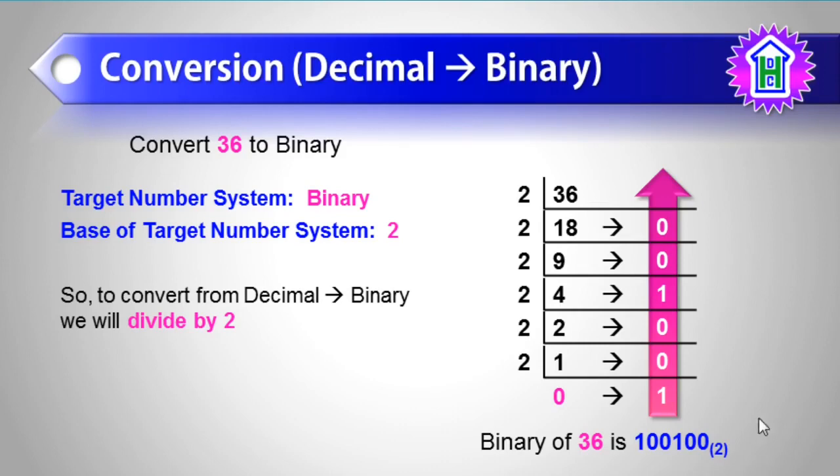It must be written after the number. Remember, decimal system is the basic system we use in day-to-day life. So for decimal system, we need not write the base 10. But for every other system, we need to write the base of the system to indicate that the number is in that particular base.